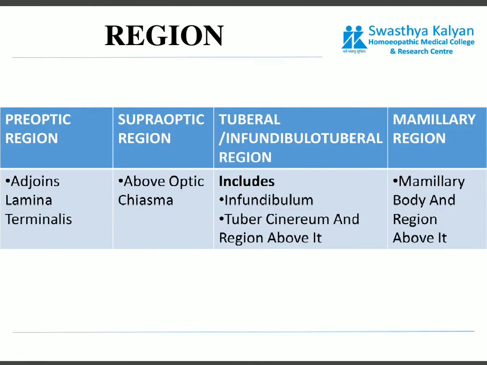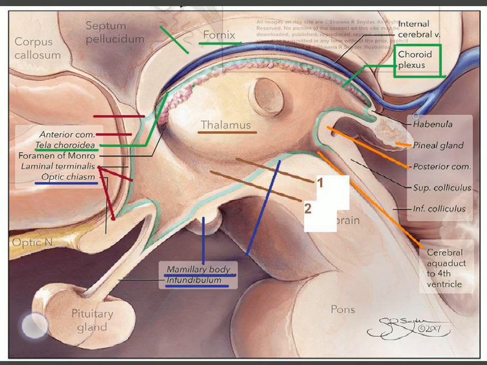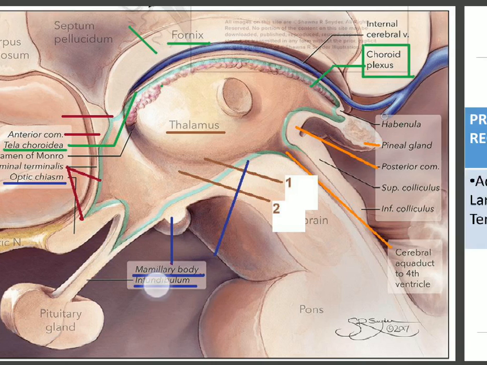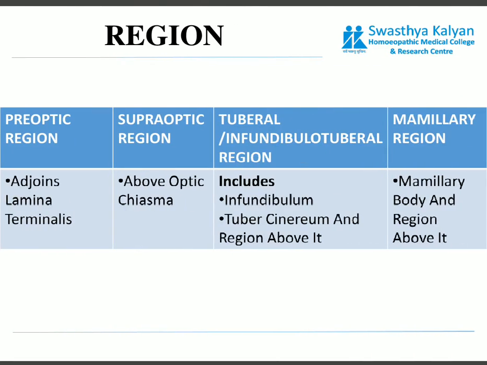Then above the optic chiasma here would be the supraoptic. This region above the mammillary body would be the mammillary region, and this region is the tuberal or infundibulotuberal region, because you have the infundibulum here, including the infundibulum and the tuber cinereum.